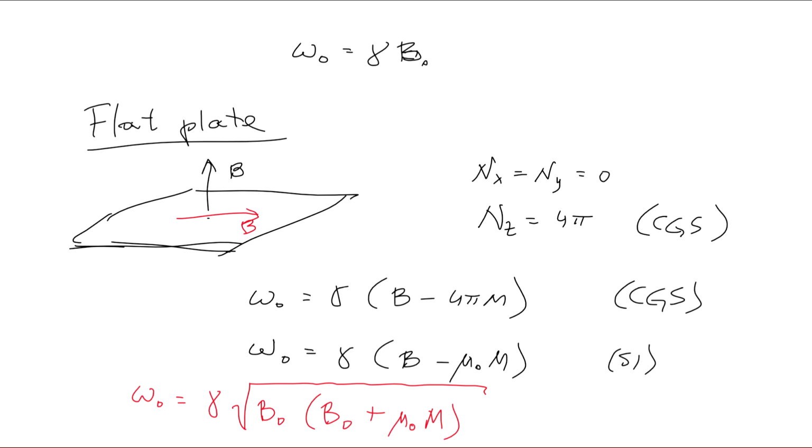So you see, the way our system reacts to the field and how these magnetic moments want to oscillate depends on the direction along which you apply the magnetic field if you work with different shapes.